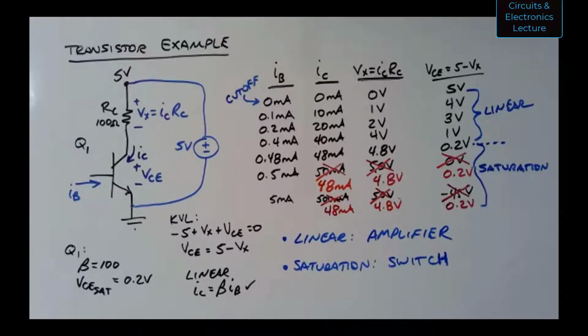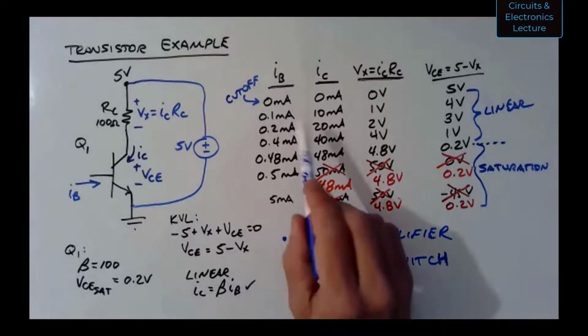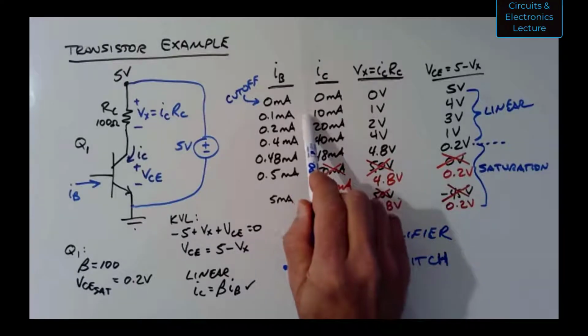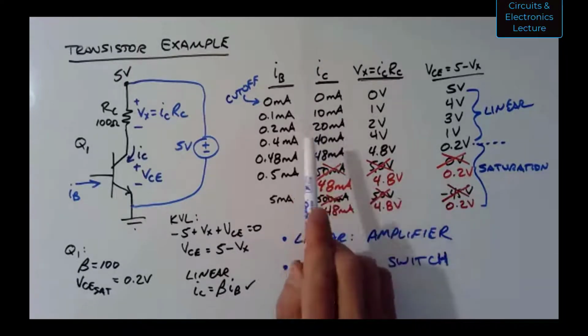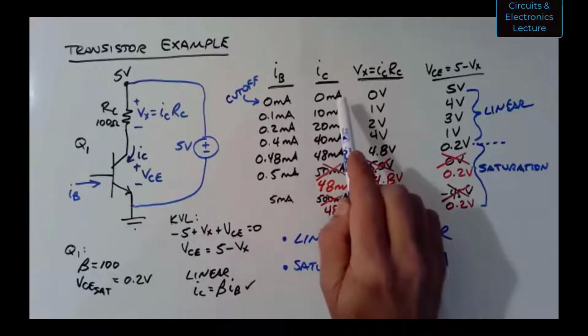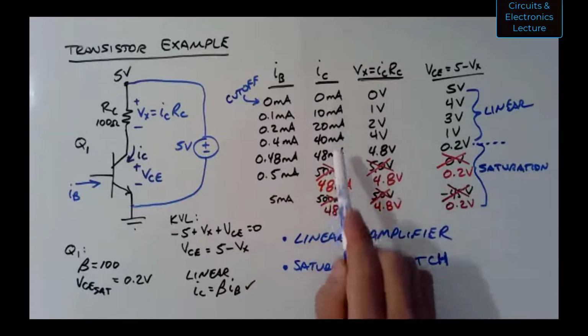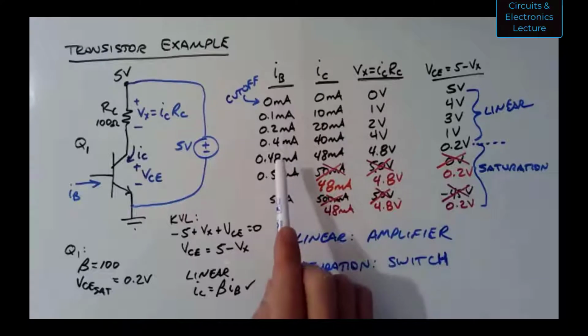Okay. If you remember in the circuits part of the course, when I talked about the different types of sources, the controlled sources, we had, for example, a current-controlled current source. Well, if you look here, you can actually see those types of sources happening. Here, I have a current IC that is controlled by IB.